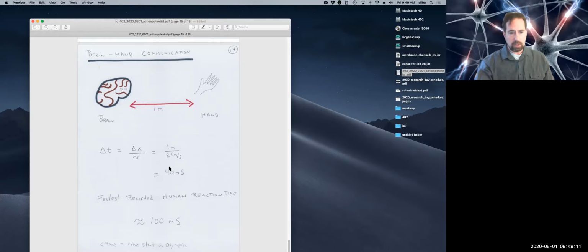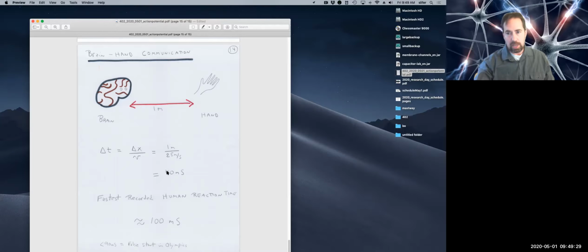So our simple model here gives us 40 milliseconds. I think that this is within an order of magnitude. And if you think about it, I did this from the head to your hand. From my head to my toes is more like 2 meters.